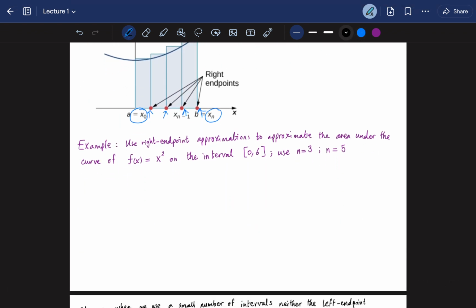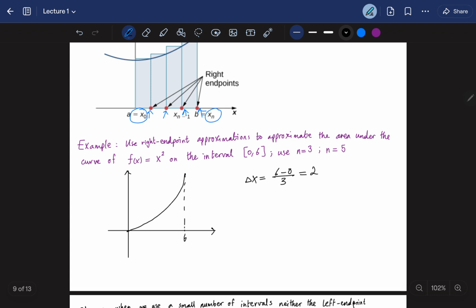So let's try the same example. If I have x squared on the interval from 0 to 6, my n is 3, so my width is going to be 6 minus 0 over 3, so that's just 2.